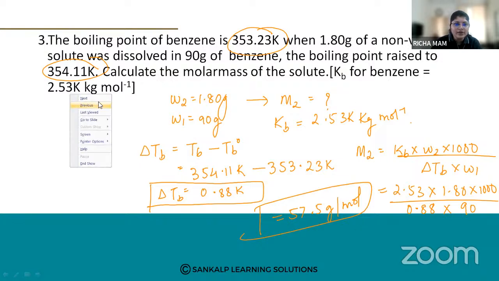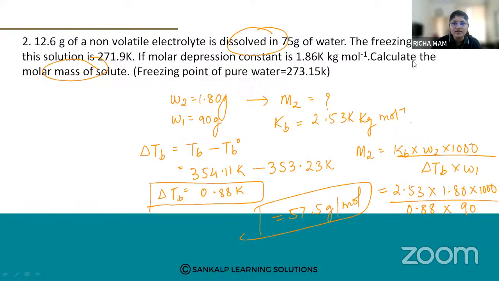In the previous question, let me see, calculate the molar mass. So the change delta TF would be 273.15 minus 271.9 Kelvin, which is 1.25.